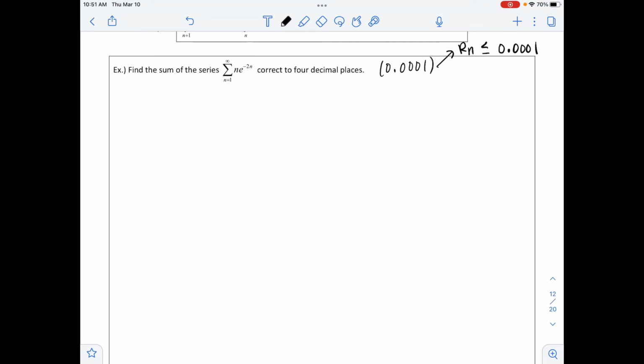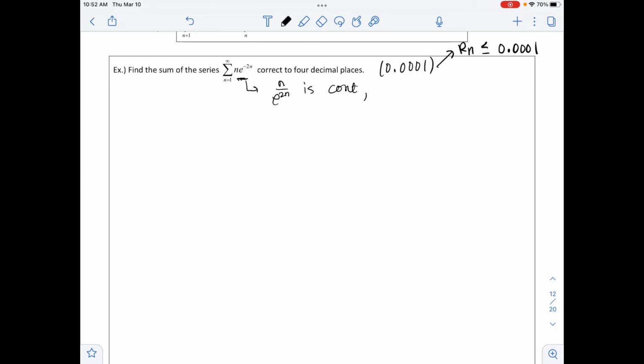And so in order to do this, our function here is going to be n over e to the 2n. So our function is n over e to the 2n, or n e to the negative 2n. And this is continuous.